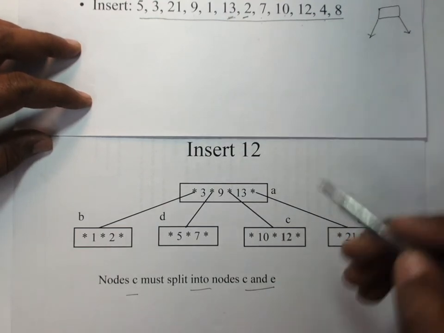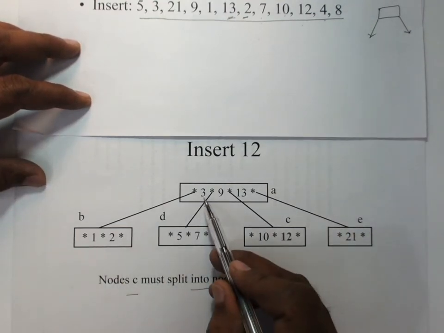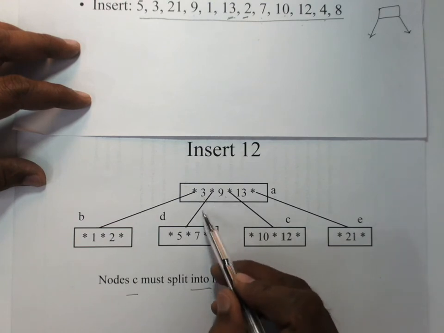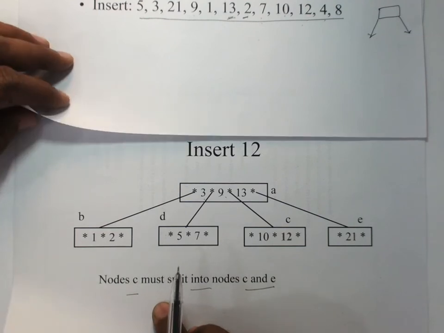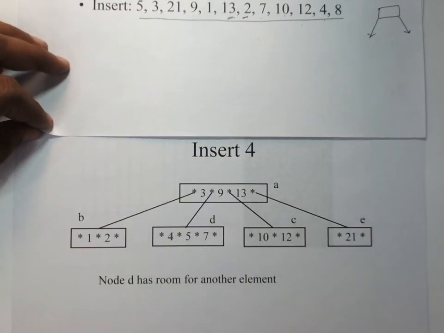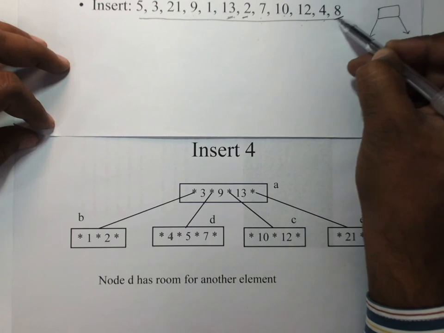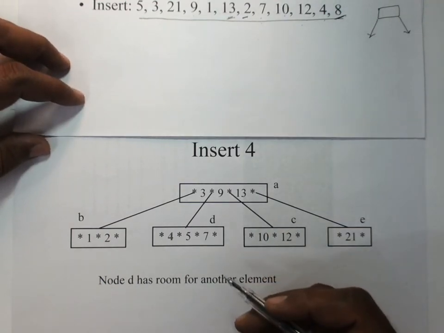After 12, 4 will be inserted. 4 is compared between these two and can be inserted in node D. Simple. Clear?